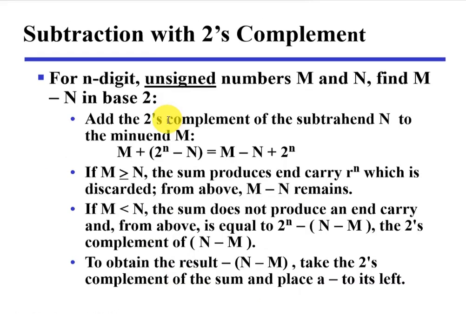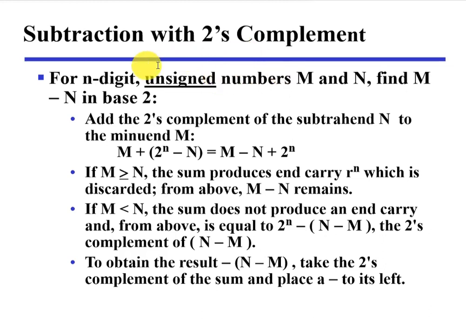Earlier in the previous slides, we wanted to simplify hardware by sharing adder and subtractor logic. After we learned complement techniques, we are ready to define a binary subtraction procedure that uses addition and the corresponding complement logic. So the main idea is that we perform subtraction using addition and complement techniques.